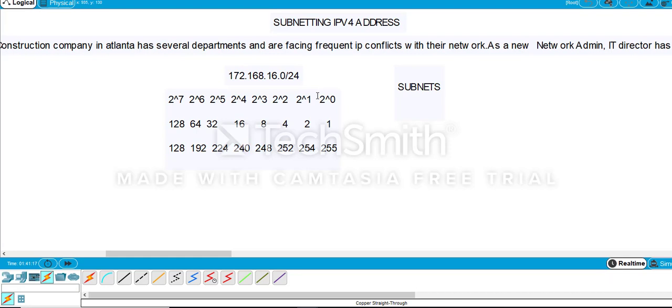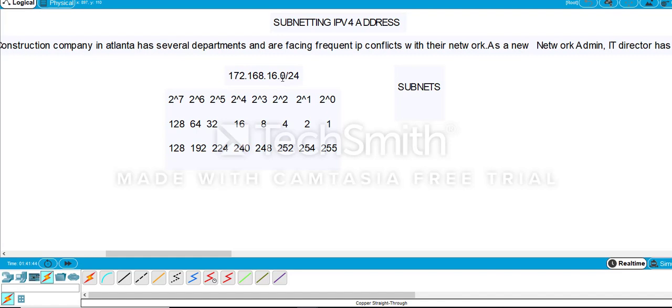That number is going to remain the same throughout this IP subnetting. Now in the last octet, we need to borrow some bits from that last octet in order to create this subnet.